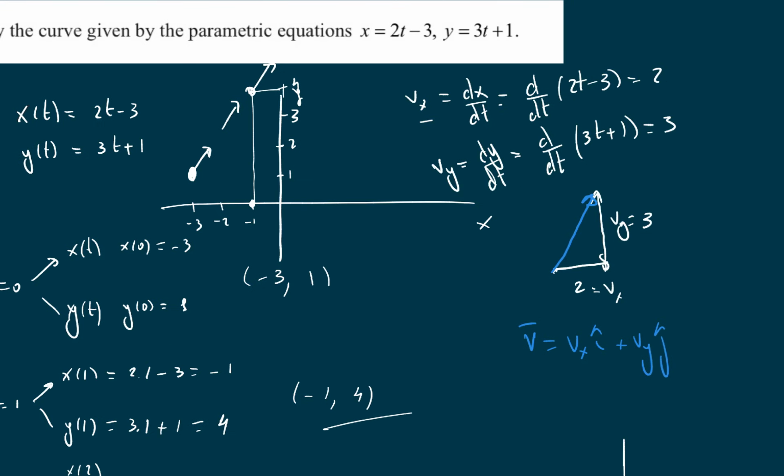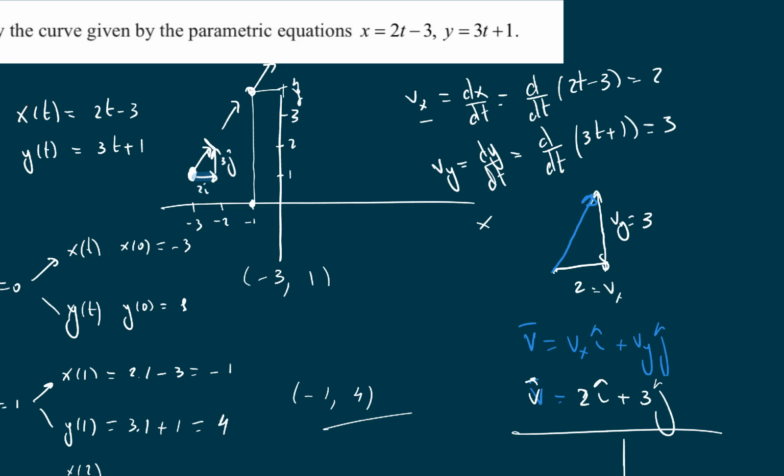The vector V is 2i plus 3j. And this is how the object is moving with this vector velocity. This is the vector velocity, 2i plus 3j. Okay, the problem is done.